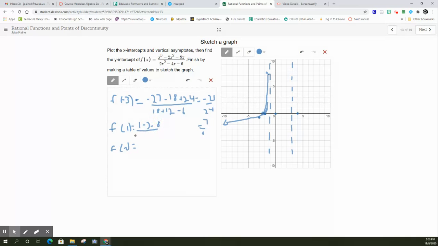On bottom, it's going to be 2 minus 4 minus 6. So I'm going to get negative 9 on top and negative 8 on bottom. It's positive 9 eighths. So that's going to be a little bit over 1.